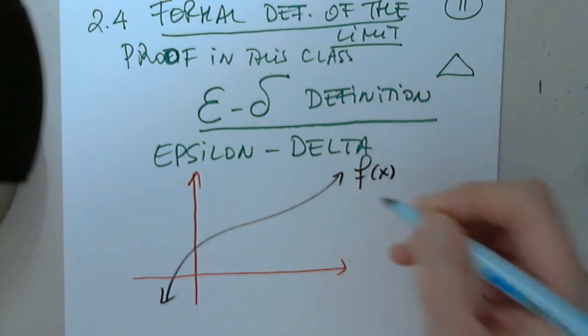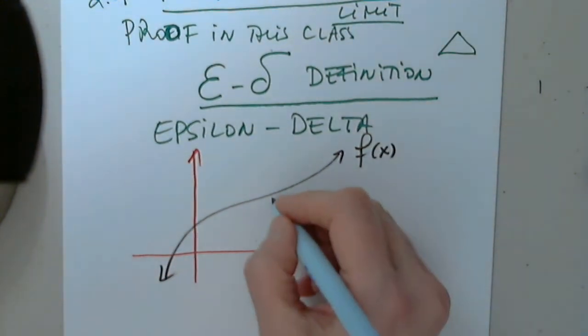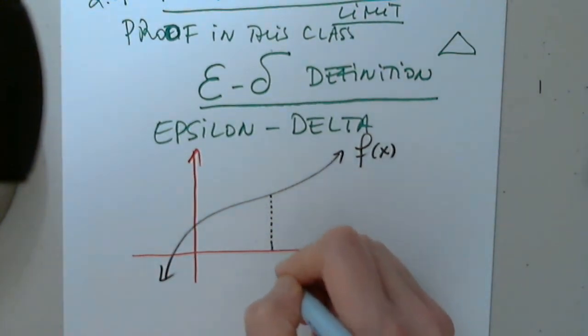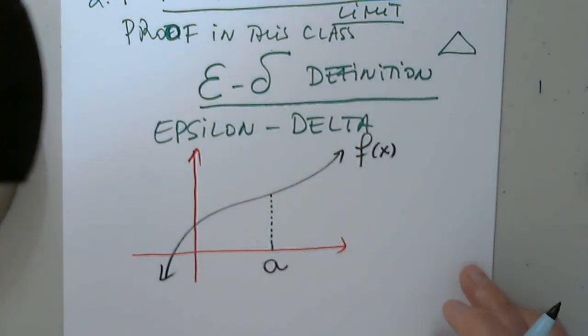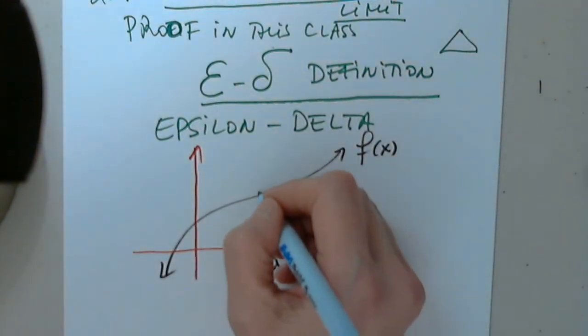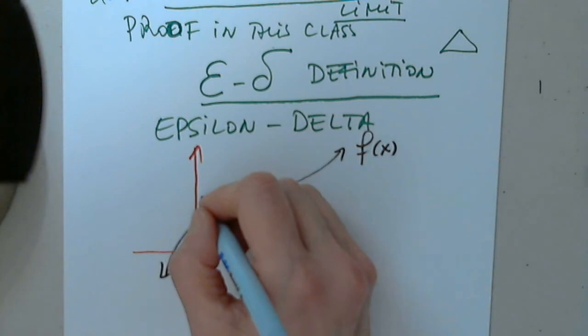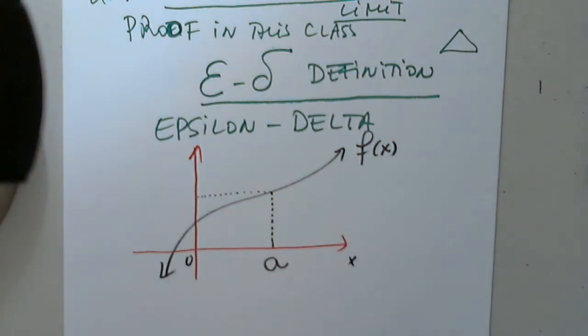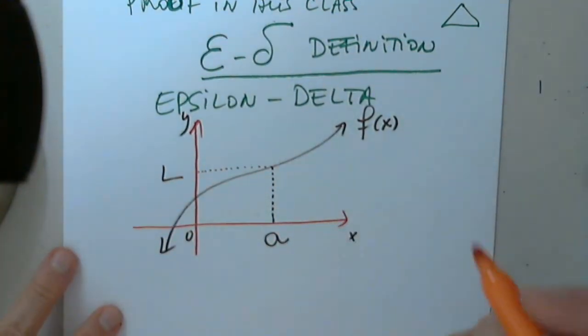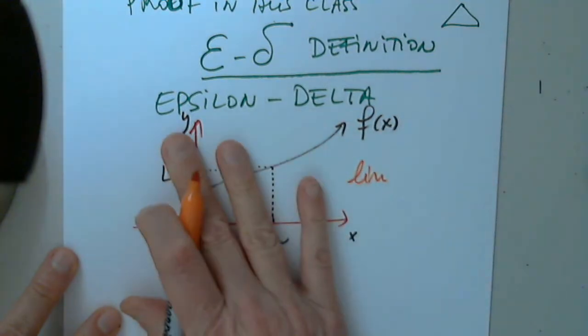So here's a function f of x. Here is, of course, our famous a. And what is this? Our famous what? L. Of course, thank you very much. Sorry. Good. So, does the limit exist according to my graph?